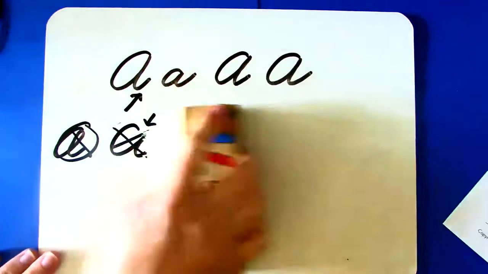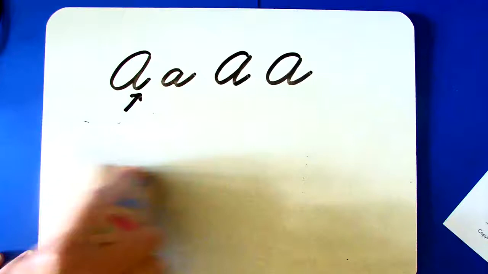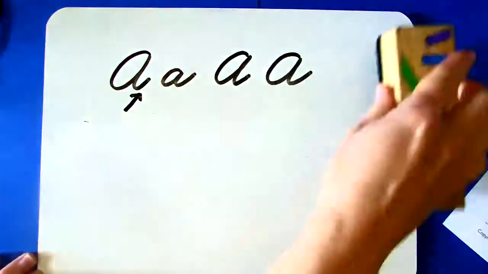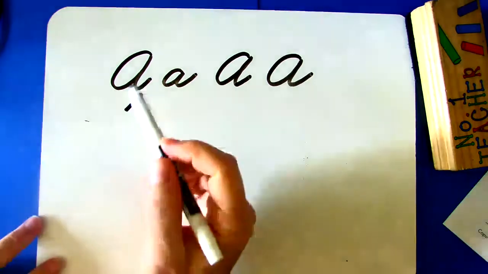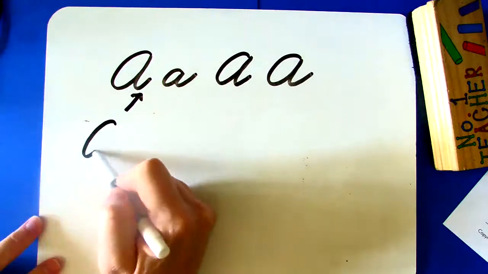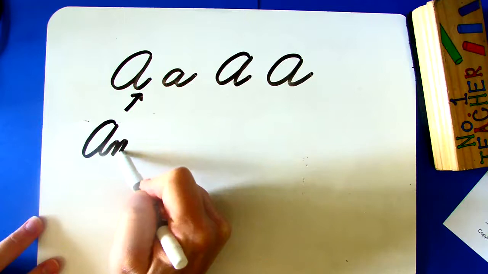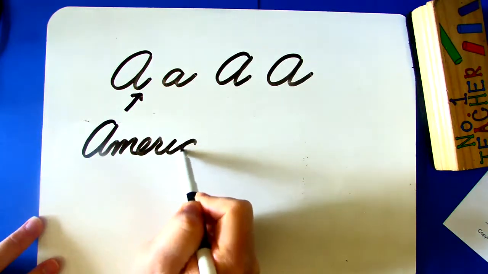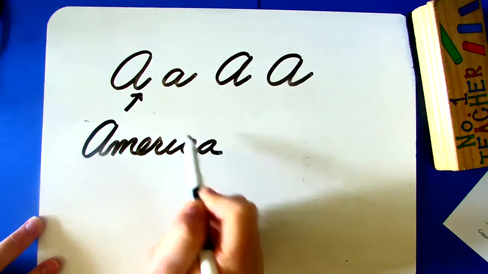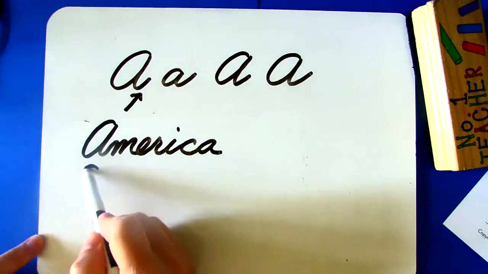So now I'm going to show you a few words that start with capital A. Remember, boys and girls, words begin with capital letters when they are proper nouns. So here's one everyone should be able to write. Down, curve, and around, slant, undercurve. Here's the first one. And here's the second one.